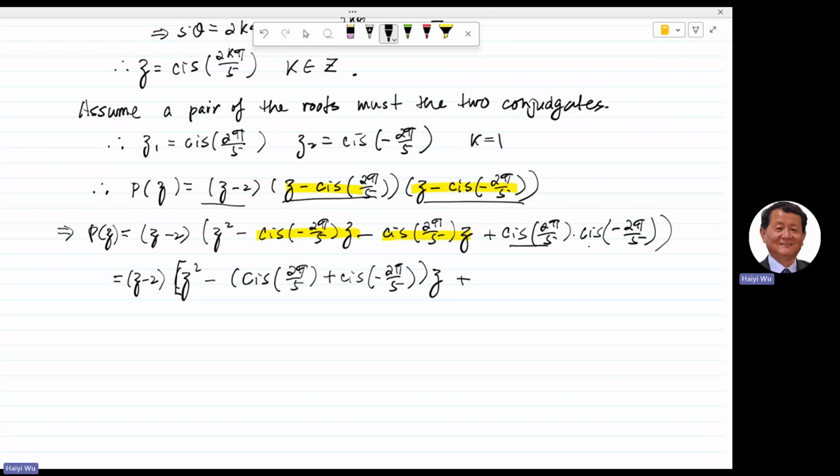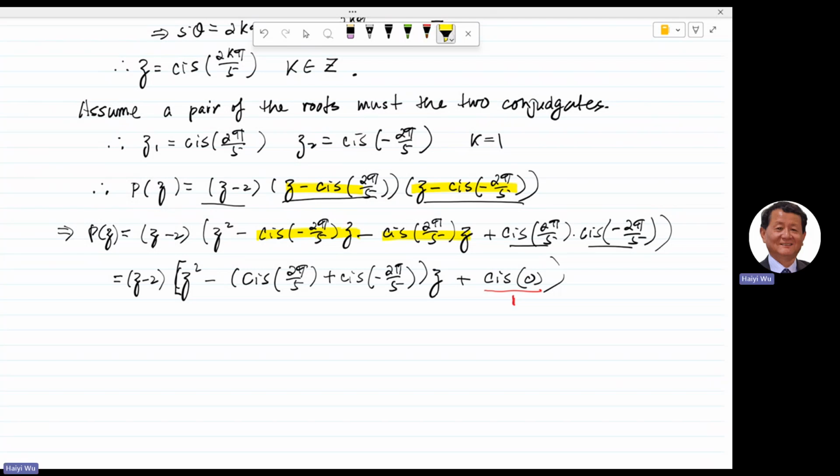And these 2 together, we know is cis 2 pi minus 2 pi over 5, which is 0. So that's basically 1. All right, cosine 0 is 1, then sine 0 is 0. So that's 1.